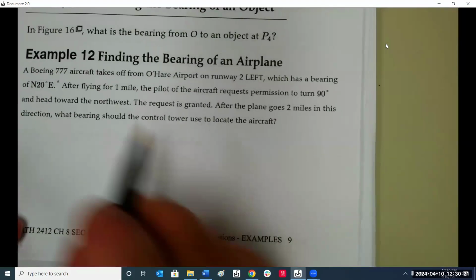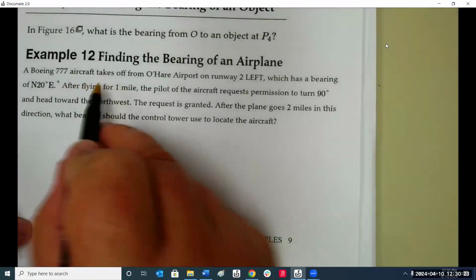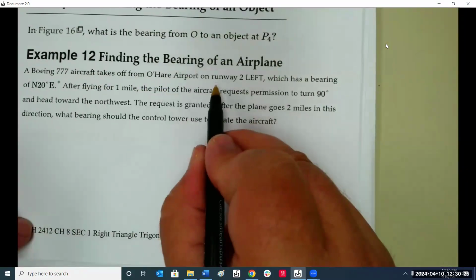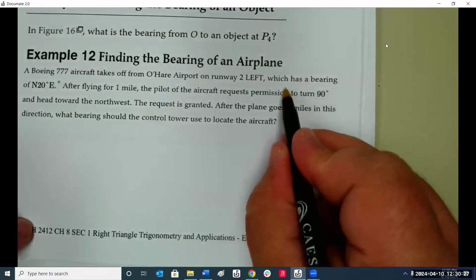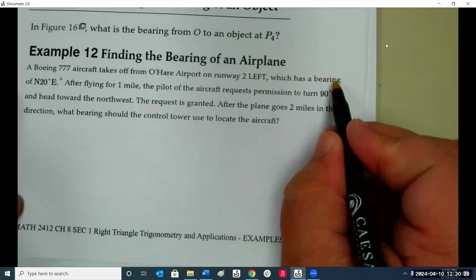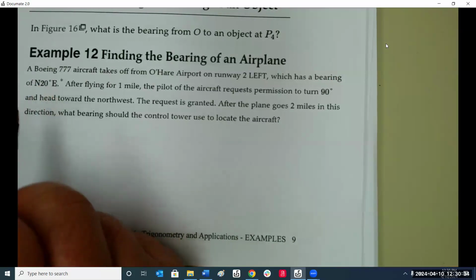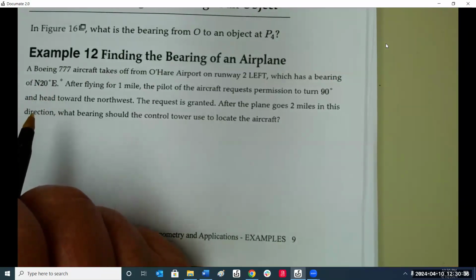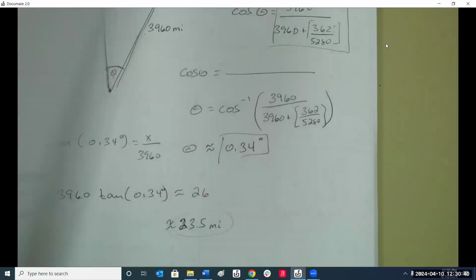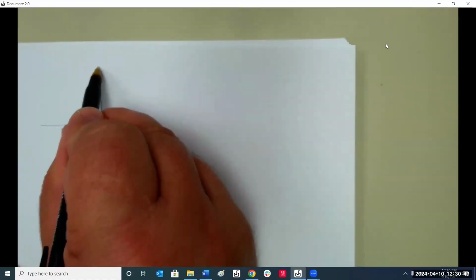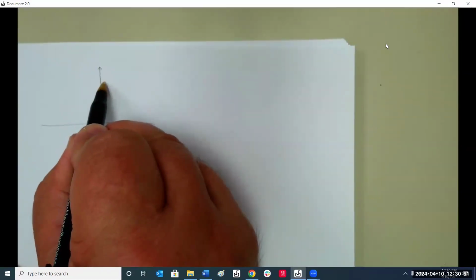So this one's saying a Boeing 777 aircraft takes off from O'Hare Airport on runway 2 left, which has a bearing of north 20 degrees east. What does that look like? 20 degrees east is where? North is this way, 20 degrees east.